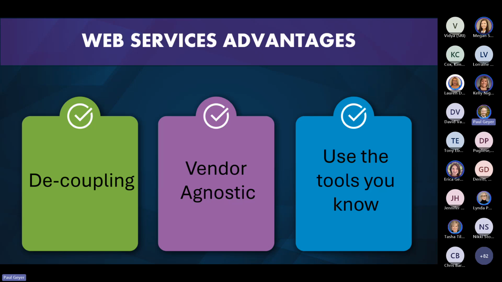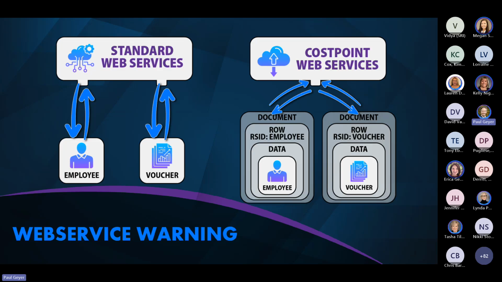So, as I mentioned, web services are very powerful. Costpoint has implemented them and given us so much flexibility in how they're done. But I want to give a warning on how Costpoint web services are a little different than normal. In a normal web service on the left side, you'll usually see an endpoint for each particular object.